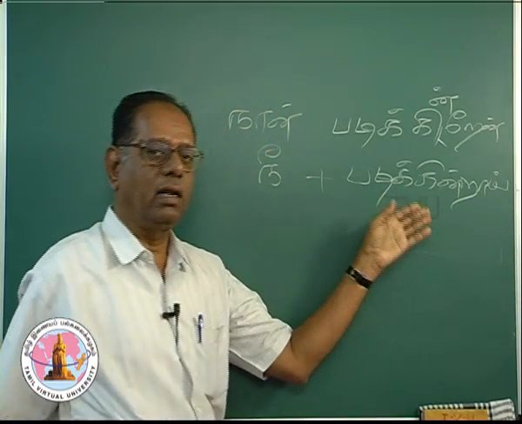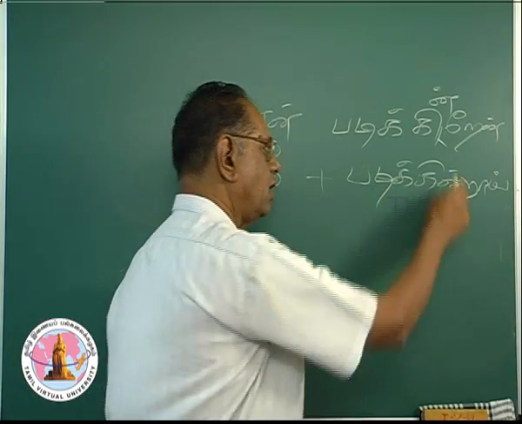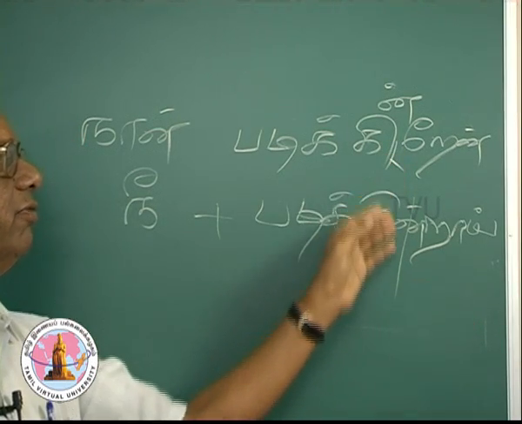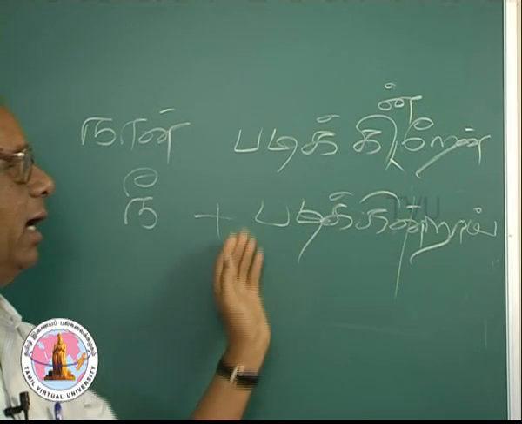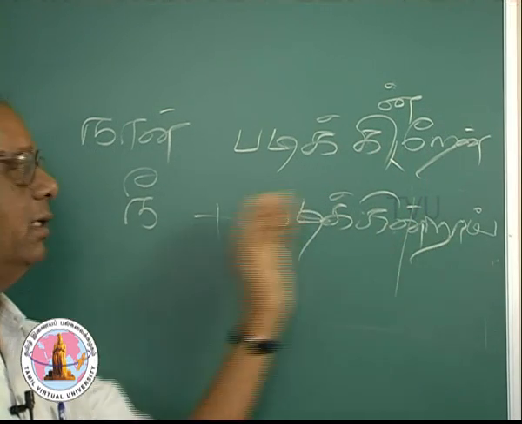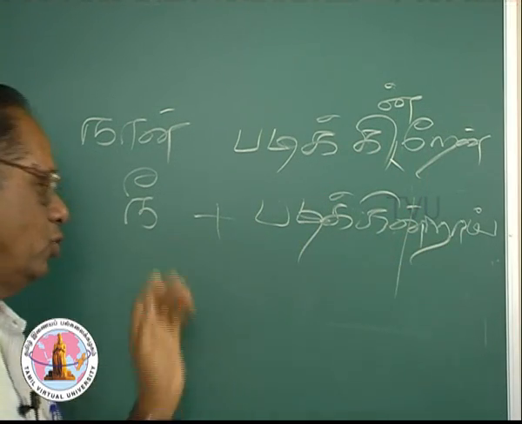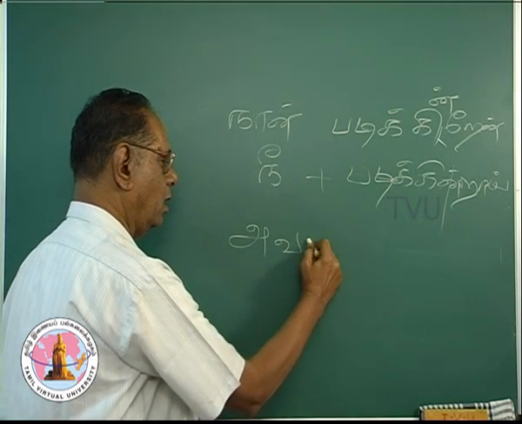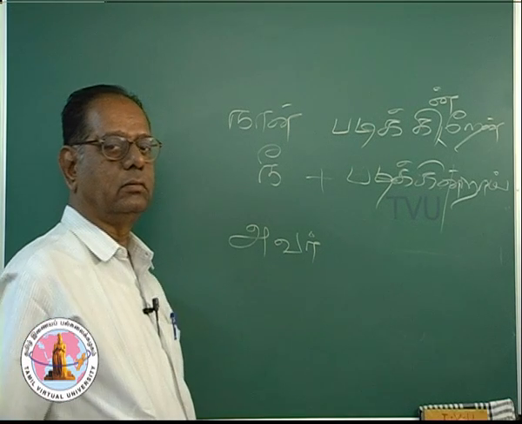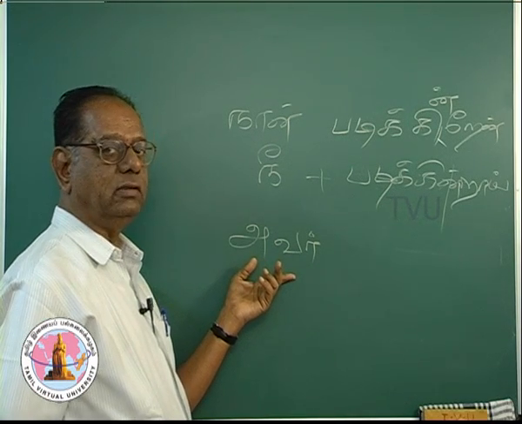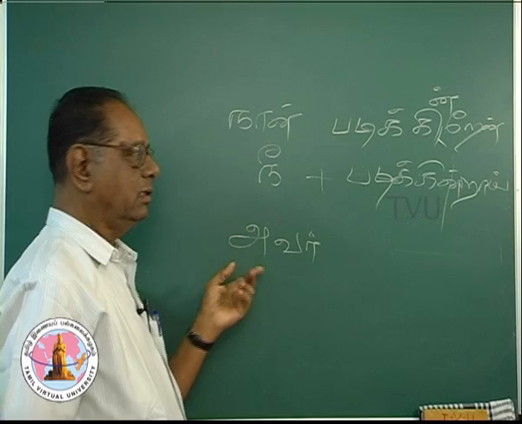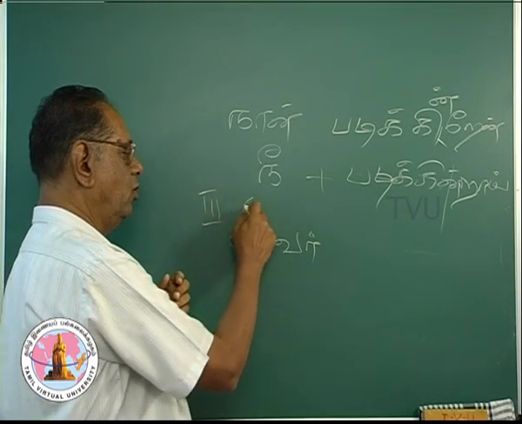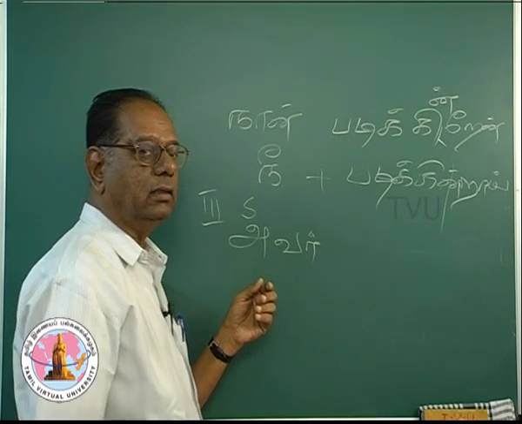நீ படிக்கின்றாய். Formerly we saw படிக்கிறாய். Now I have made use of kindru instead of kiru and this is படிக்கின்றாய். So also, you know what is this? Our. Our is third person singular and what singular?